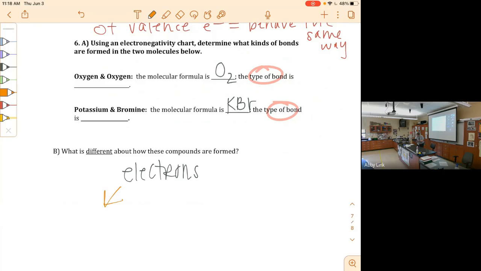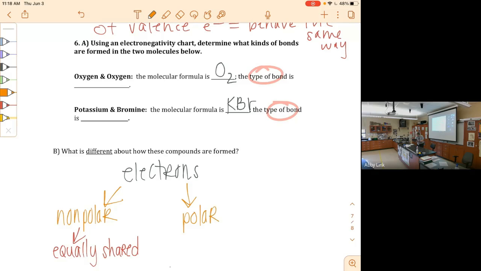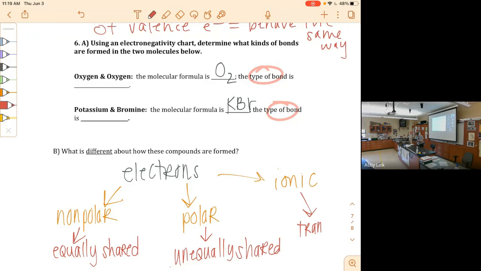If you determine that the bond is non-polar, you're going to tell me that the electrons are equally shared. If you determine that the bond is polar covalent, you're going to tell me that the electrons are unequally shared. And if you tell me that the bond is ionic, you're going to tell me that the electrons are transferred.